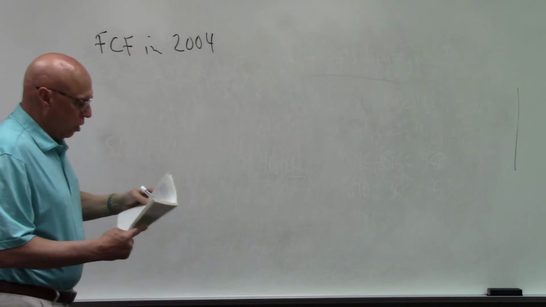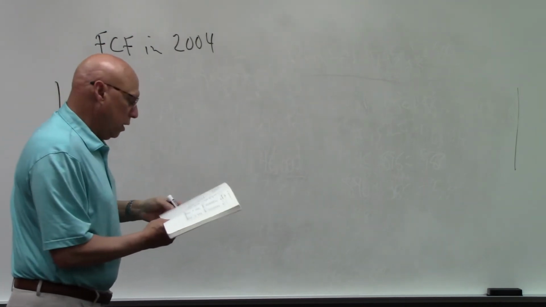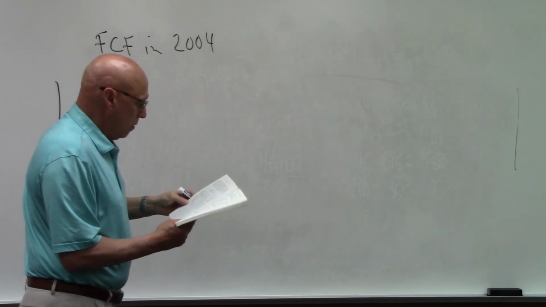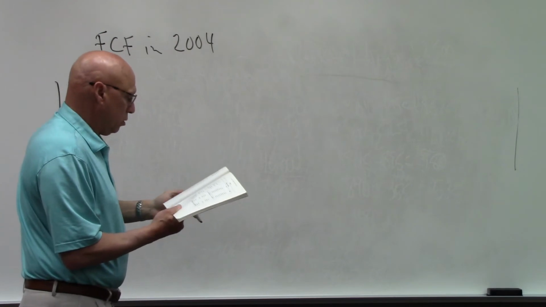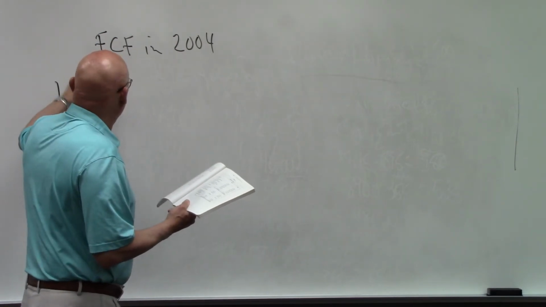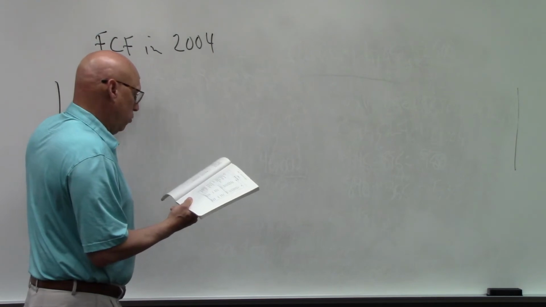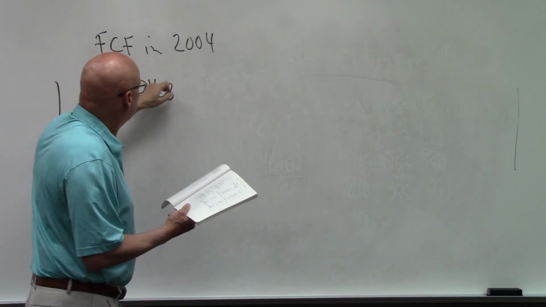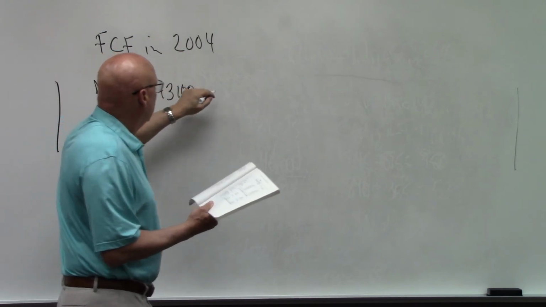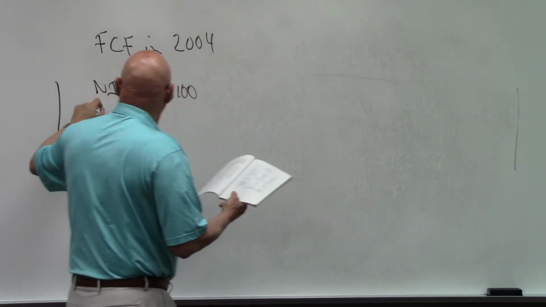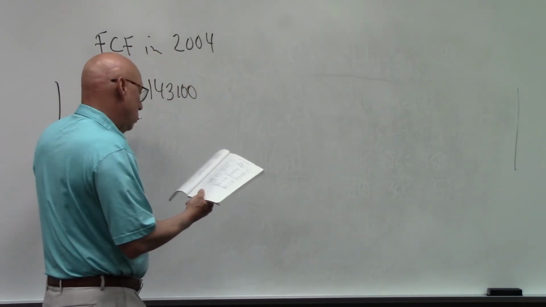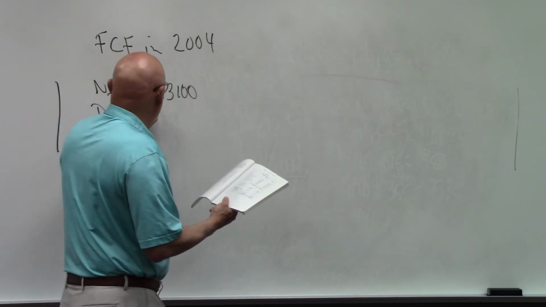Okay? So let's find our net income plus depreciation. So net income is 143,100 plus our depreciation expense, which is 79,000.